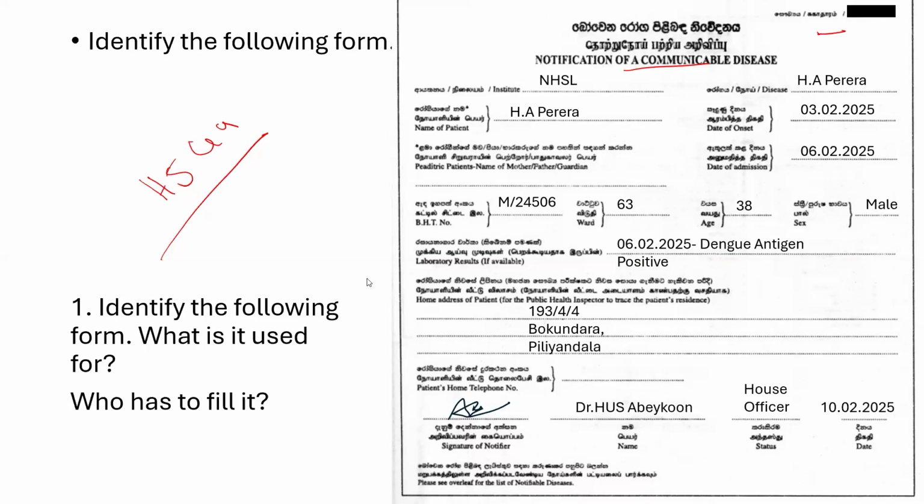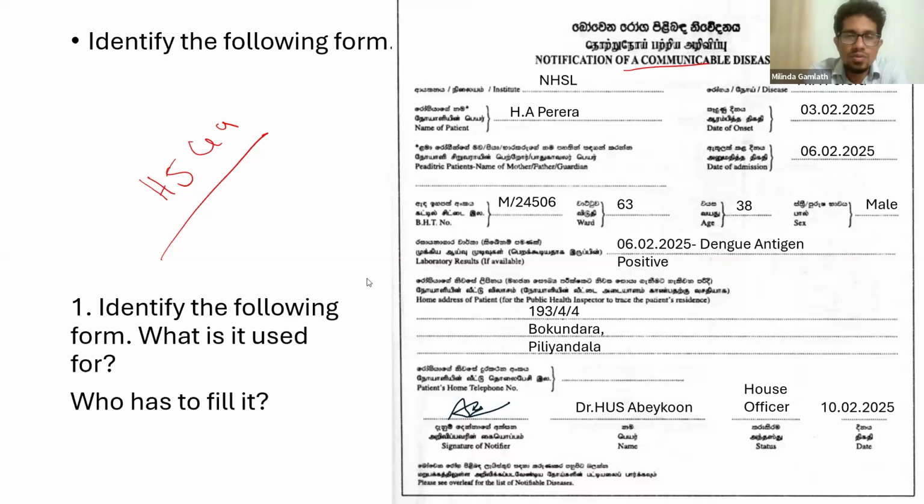And then we have lots of other diseases like chickenpox, encephalitis, meningitis, mumps, diphtheria, and even food poisoning. Lots of diseases. Among those, there's this as well.